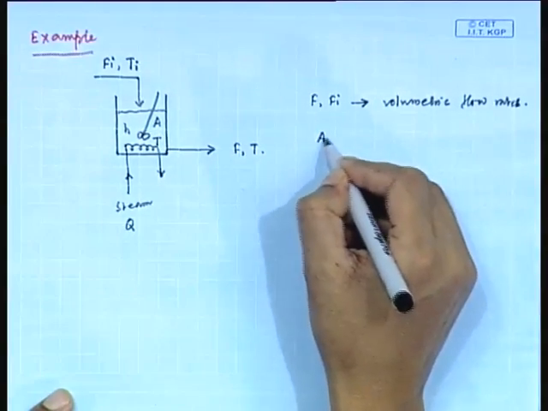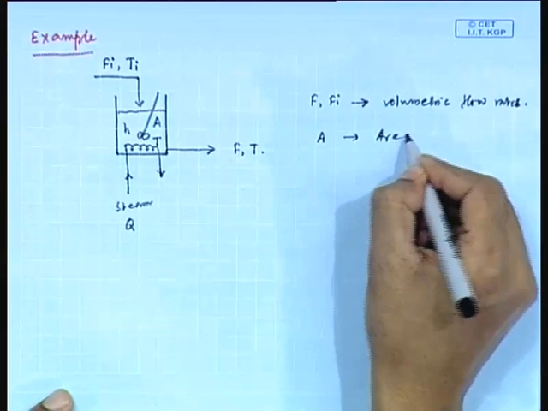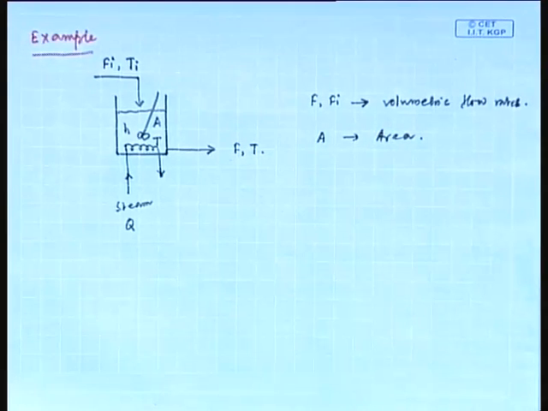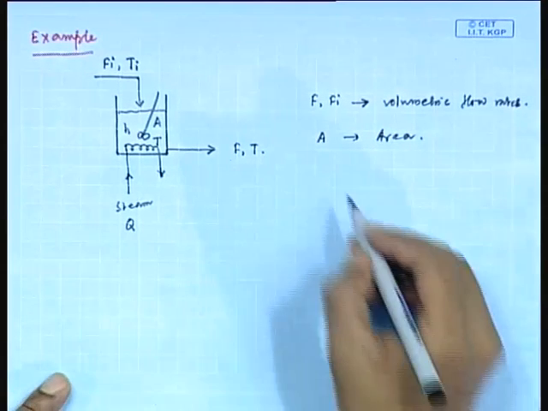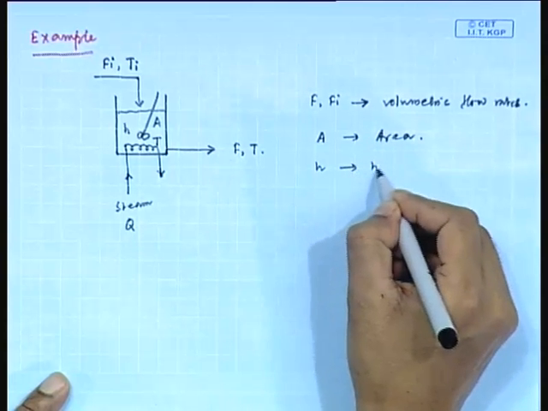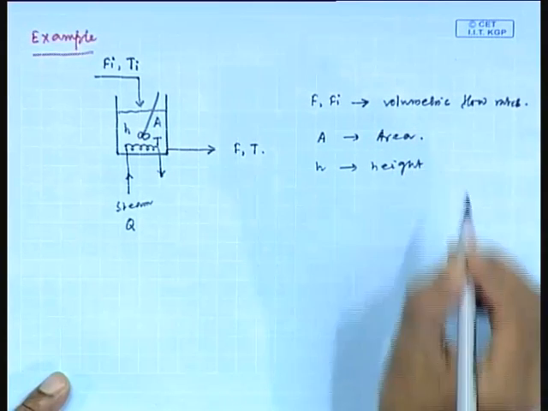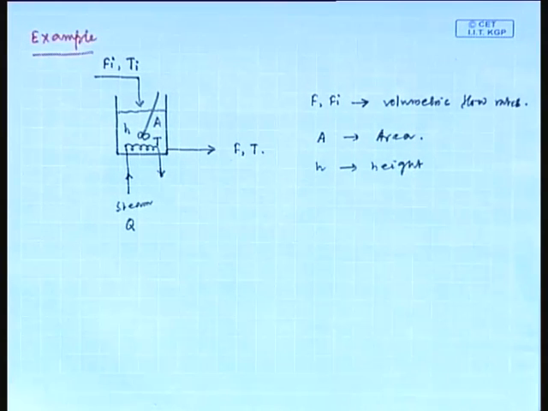A is the cross sectional area of the tank. Fine. Now, for this process we developed earlier two equations. One is based on mass balance, another one is based on energy balance.